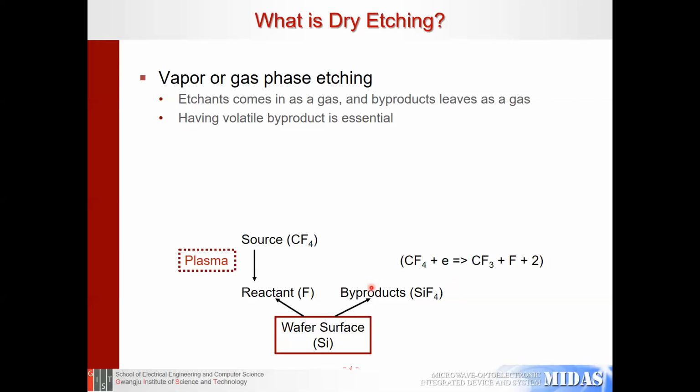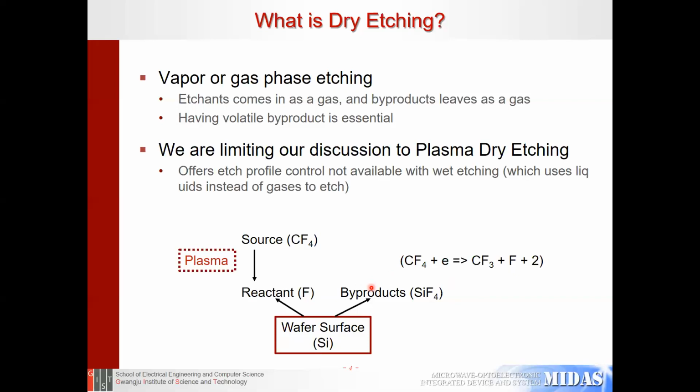In this lecture, we are going to limit our discussion to plasma dry etching, which offers extra etch profile control, which is not available in wet etching, which uses liquid instead of gas etching. So down here in the diagram, we have an extension.